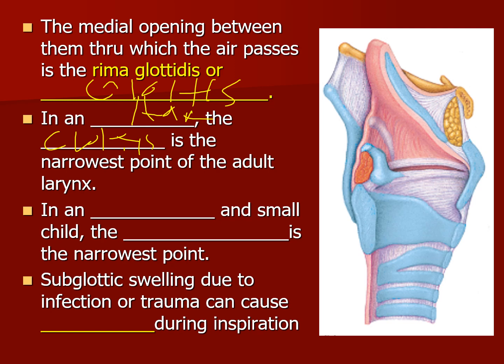And in an infant, like a little baby, and then I'll have to show you guys, we have little baby intubation mannequins, and we have big people intubation mannequins, right? And I'll have to show you. In an infant or a small child, the cricoid cartilage, so I'll just put CC, the cricoid cartilage is the narrowest point, right?